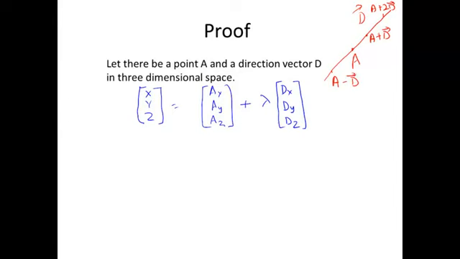So the general way to think about it is that we have this parameter lambda, which can go to infinity in one direction, or it can go to minus infinity to consider points on the other side. So by varying lambda we get different points on this line.